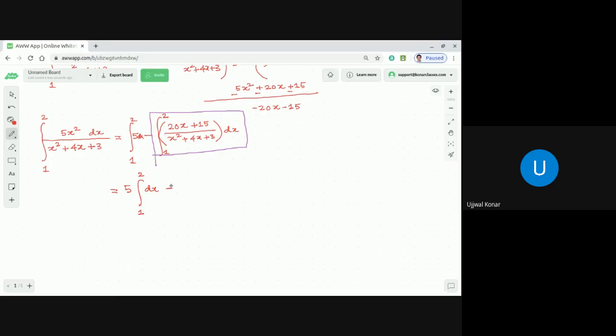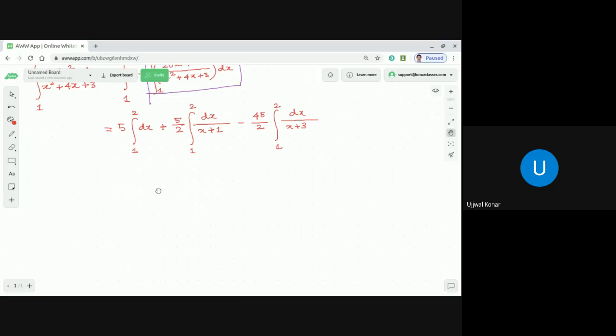That is equal to plus 5 by 2 integration dx by x plus 1, lower limit 1, upper limit 2, minus 45 by 2 integration 1 to 2 dx by x plus 3, correct or not? Clear or not clear?